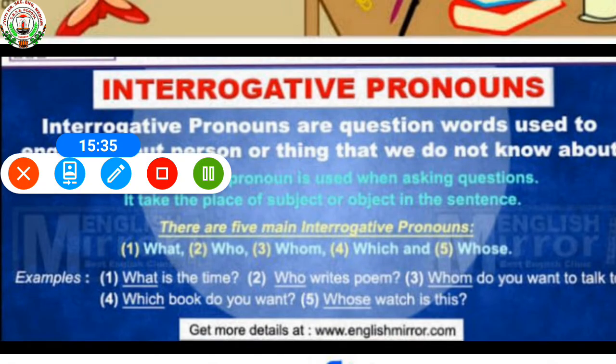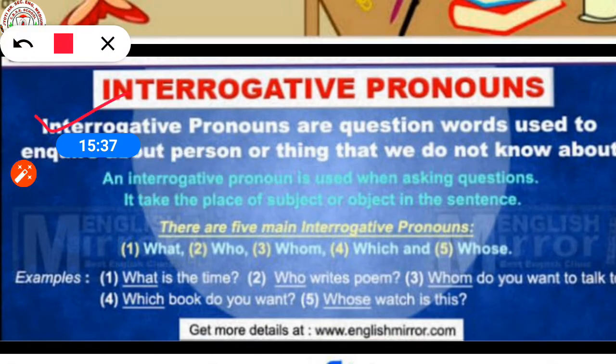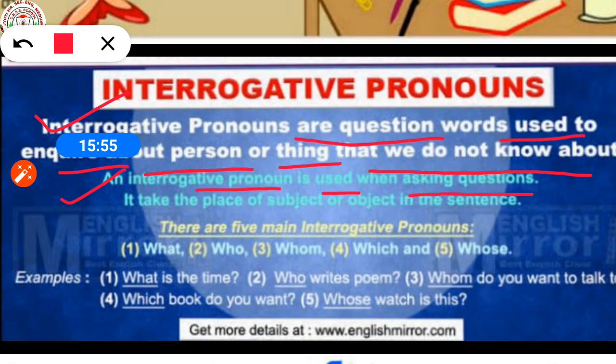So, interrogative pronouns are question words used to inquire about a person or thing that we do not know about. So, an interrogative pronoun is used when asking questions. It takes the place of the subject or object in the sentence.